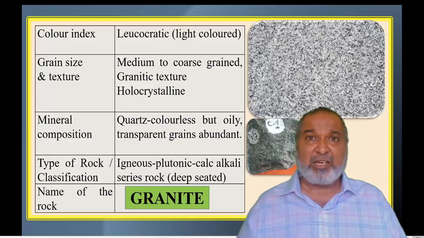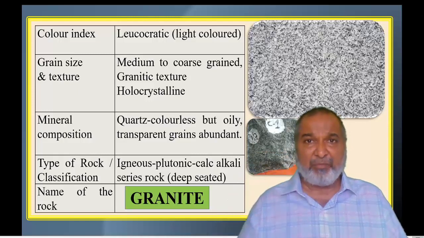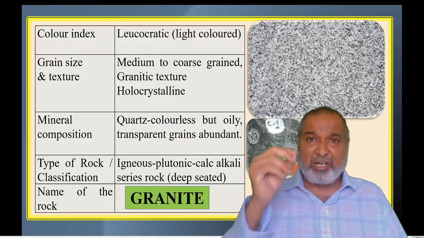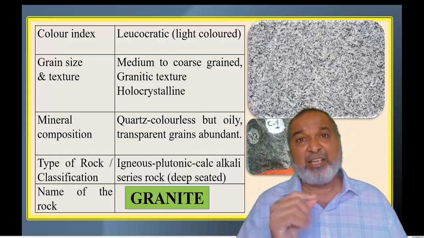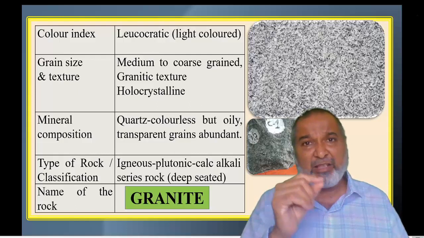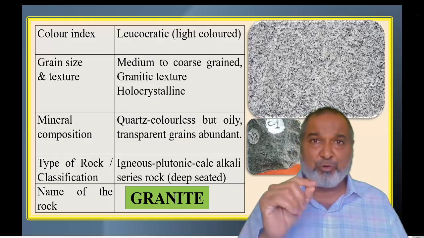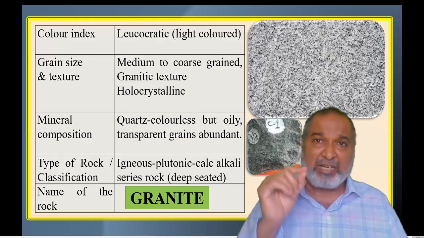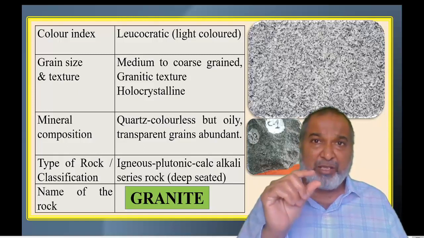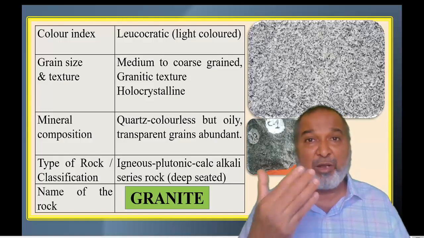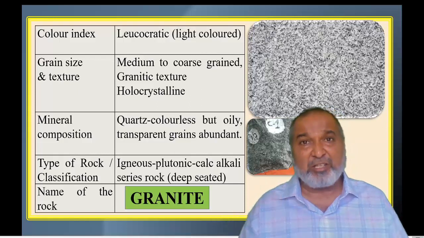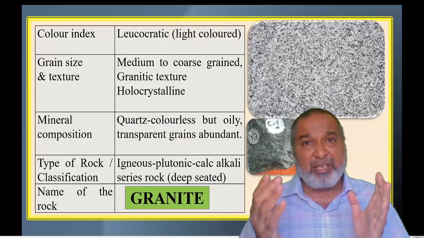These vesicles are filled by secondary material, zeolites, and these cavities filled by secondary material are called amygdules. The structure is called amygdaloidal structure. So this is the structure shown by the igneous rock.